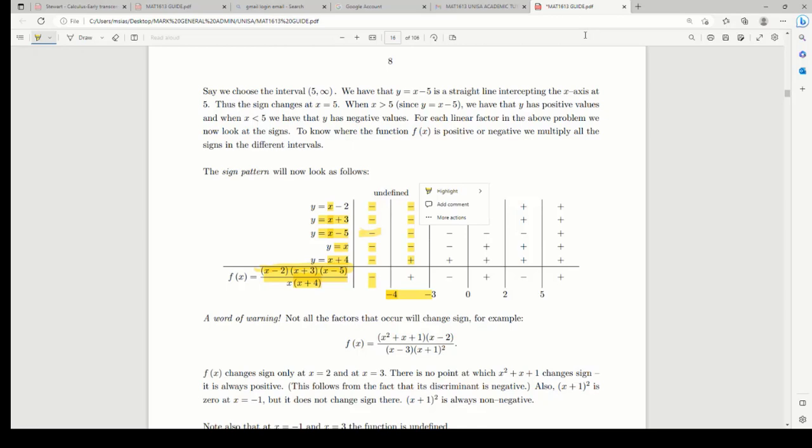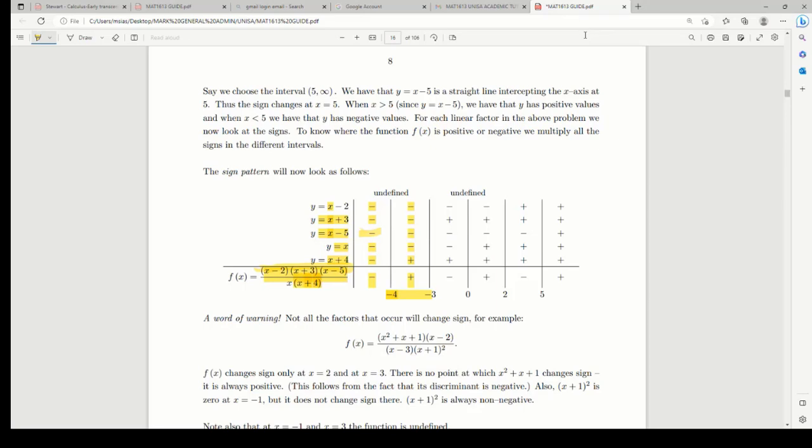In the denominator now, x is negative and x + 4 is positive, so you have a negative. That division then gives you, in total, a positive when you do the multiplications and divisions. So the function is positive in the open interval -4 to -3.